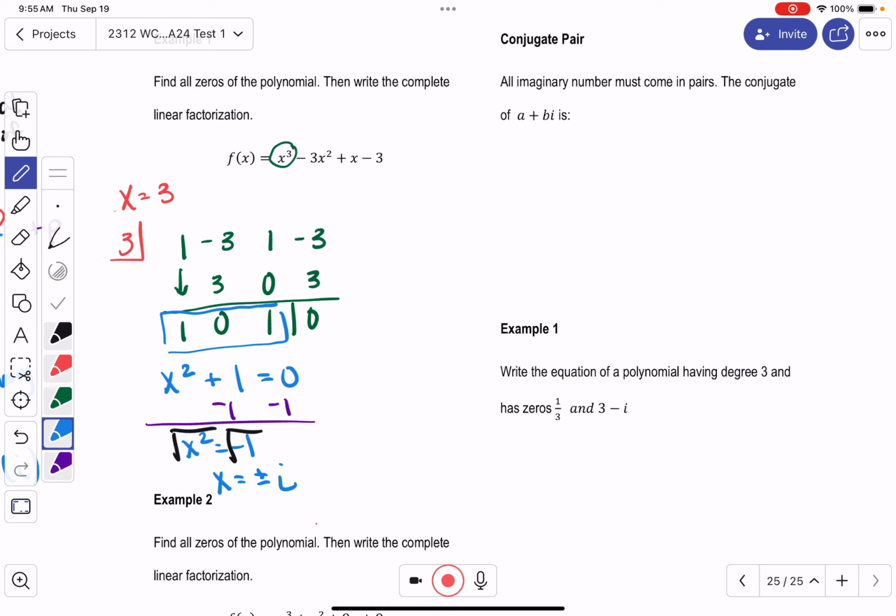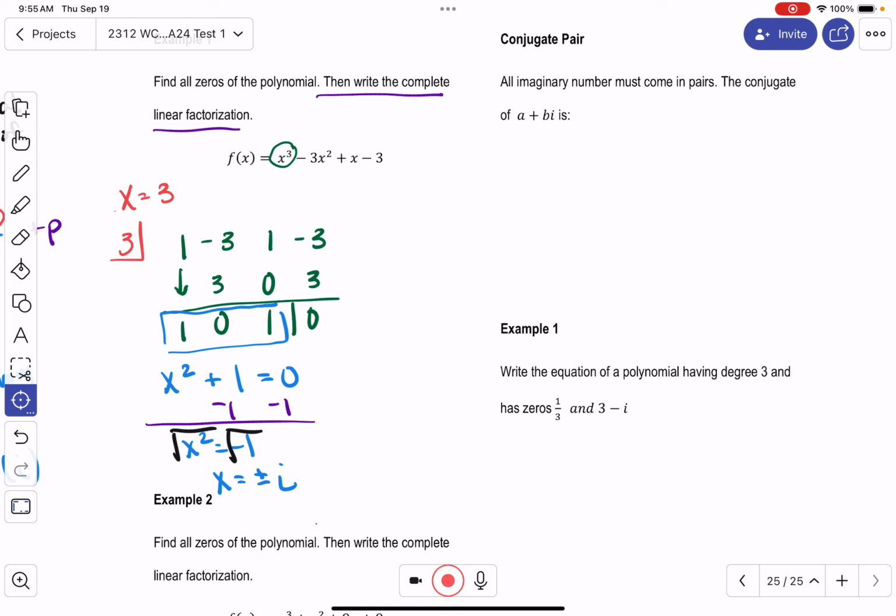And then they want us to write the linear factorization of these solutions. The linear factorization means whatever the solution is, you need to go back and reverse its sign. So for the linear factorization, I have x minus 3, because that gives me this solution.